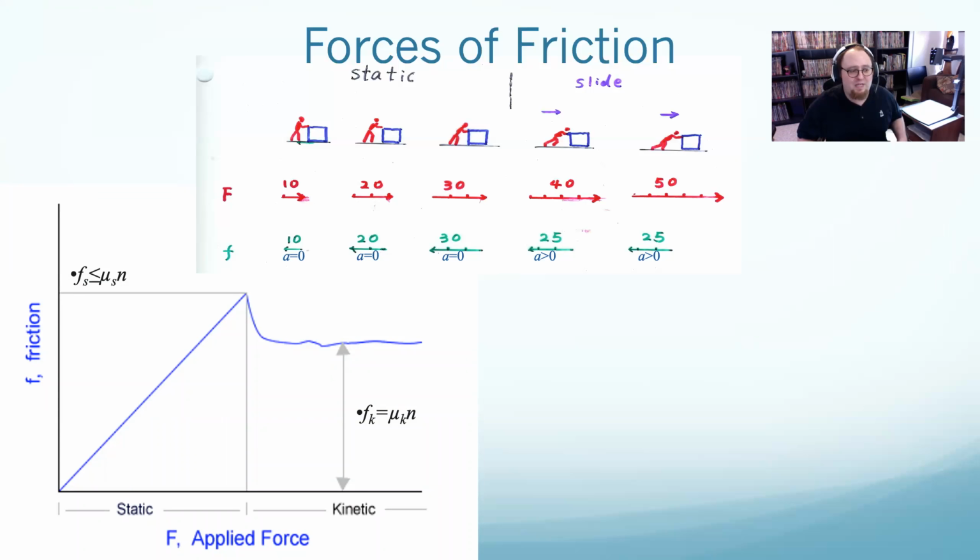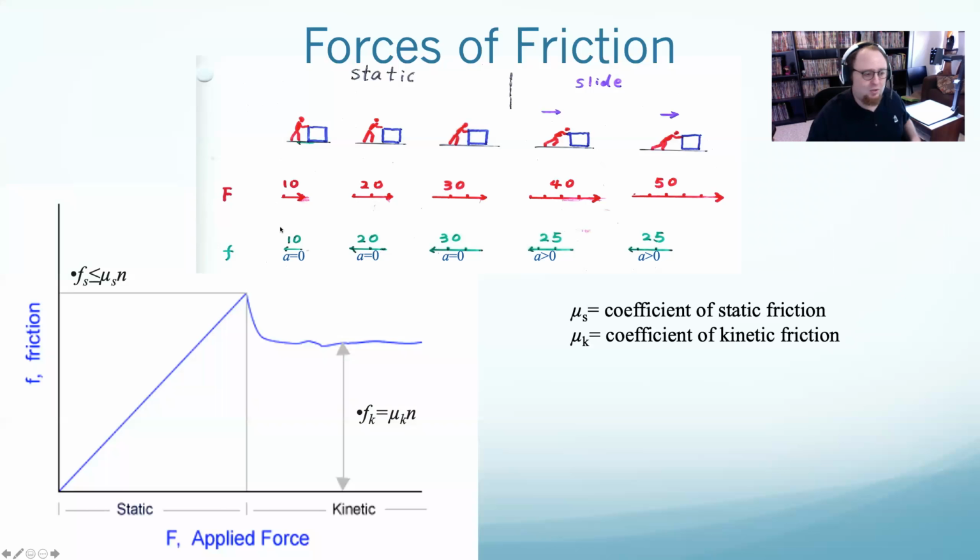The max value would be mu of S times N. Once it starts moving, the force of friction would drop because the coefficient of kinetic friction is always less than the coefficient of static friction, where mu of S and mu of K are those two coefficients. And so once something is moving, it'll always move easier than it took to make it move. Does that make sense?